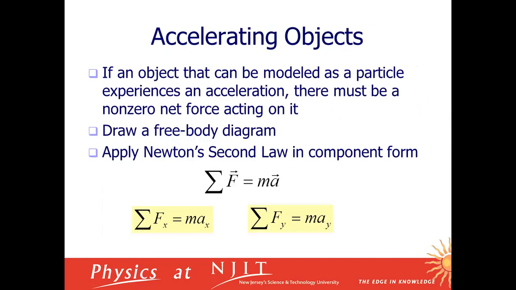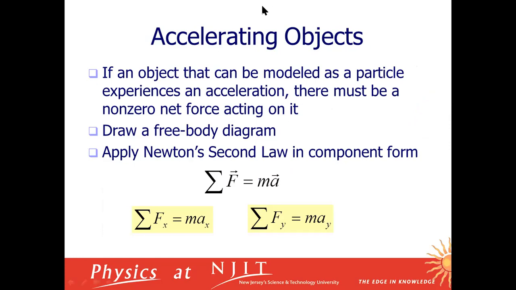Accelerating objects. If an object that can be modeled as a particle experiences an acceleration, there must be a non-zero net force acting on it. Draw a free body diagram. Apply Newton's second law in component form.